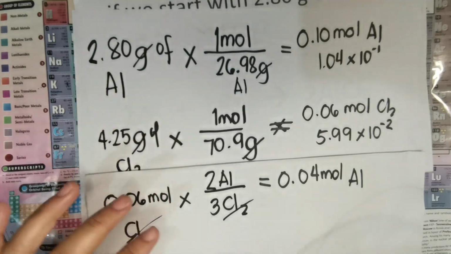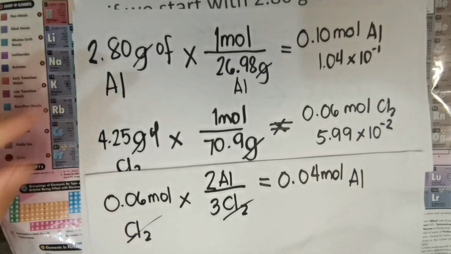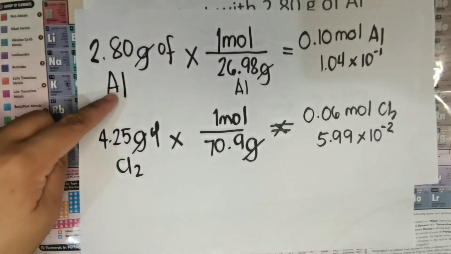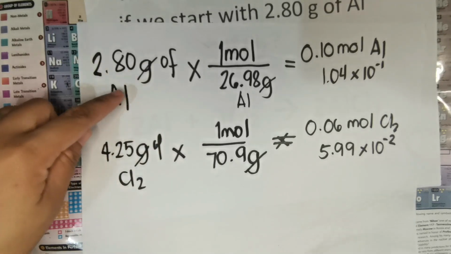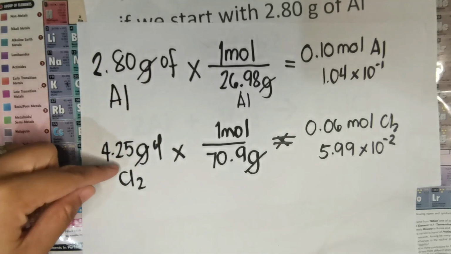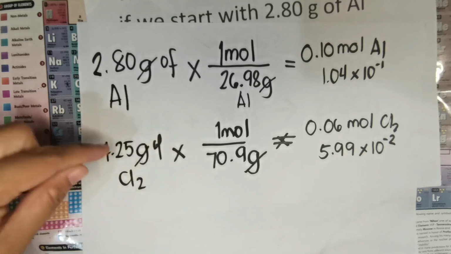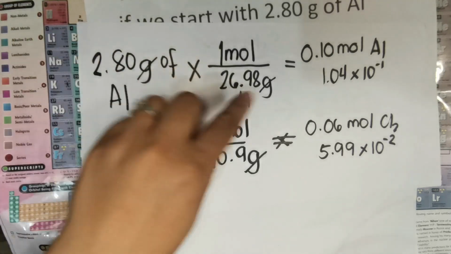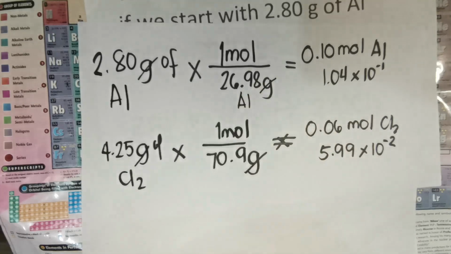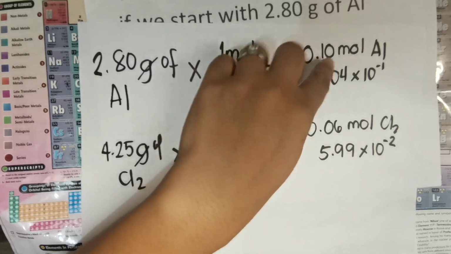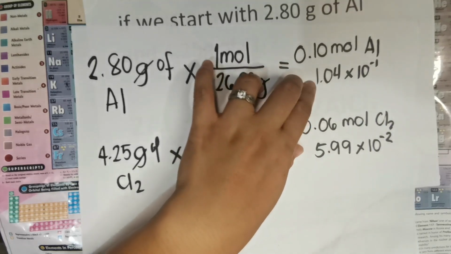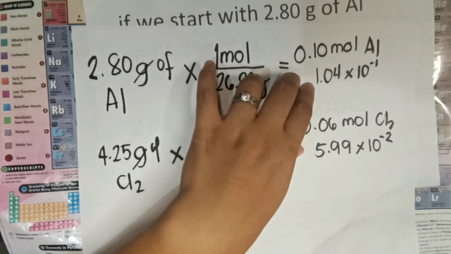So, sa mga nalilito, uulitin ko, itong equation na to, kinonvert natin yung given na itong 2.80 grams of aluminum tsaka 4.25 grams of chlorine gas from our problem. So, kinonvert natin siya from grams to mole, kaya dito tayo nagbe-base kasi nasa mole factor na tayo. So, kaya ito ang tinitignan natin. So, kumbaga, ito yung laman ng ref natin o yung laman ito yung ingredients natin.